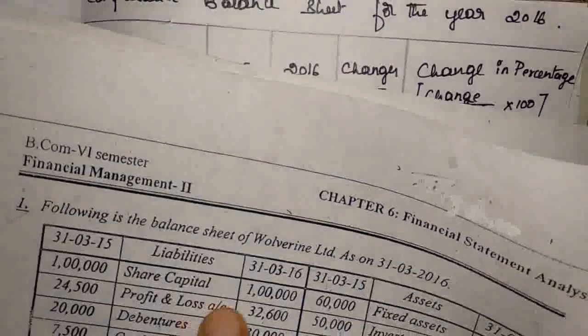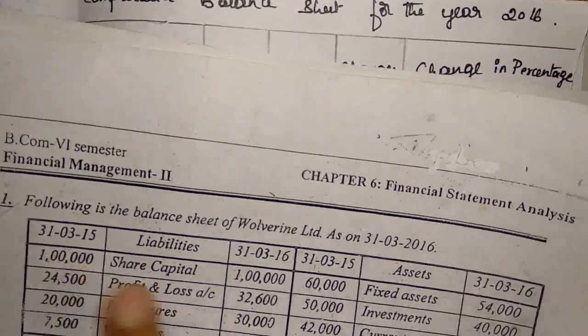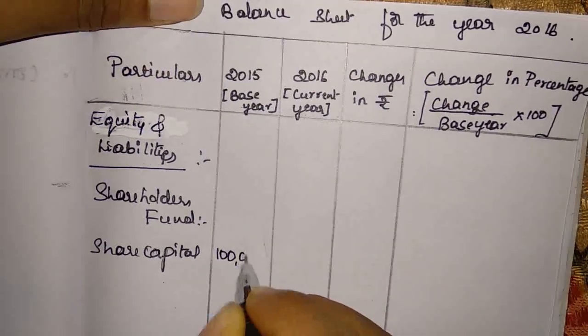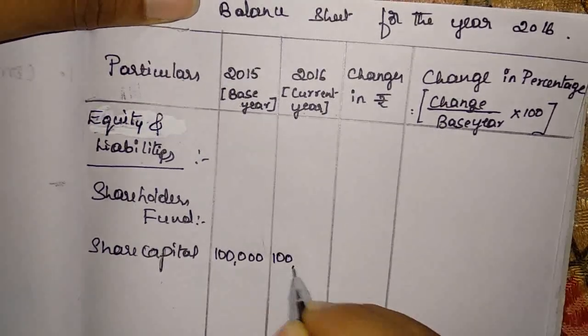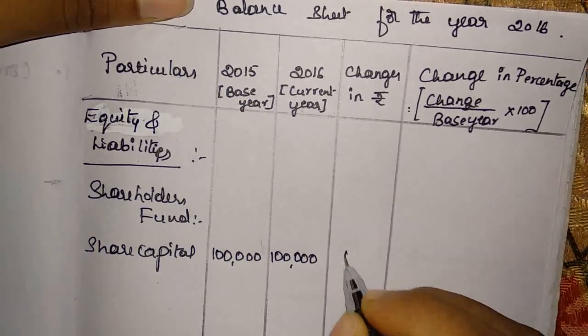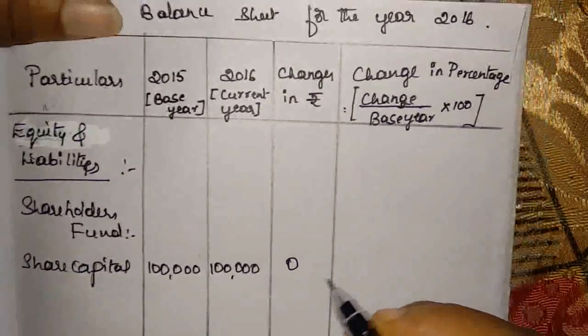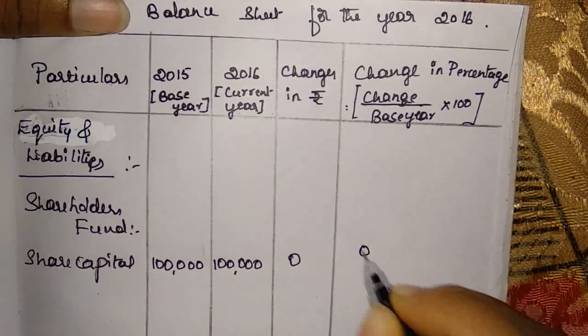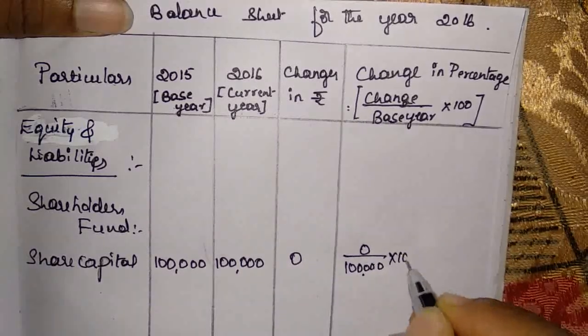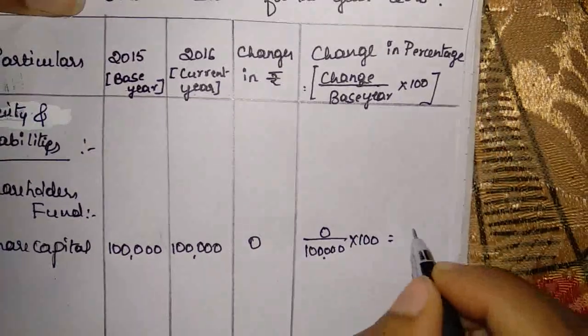Share capital in 2015 is 1 lakh and in 2016 also 1 lakh. So base year amount 1 lakh, current year also 1 lakh. So change in rupees is 0. There is no change. And change in percentage, change is 0 and base year value is 1 lakh into 100. Any amount multiplied by 0, you will get 0 only.